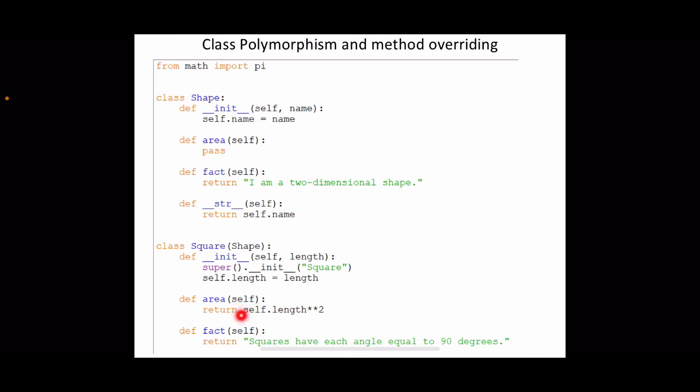And the third method, fact, is also there in the case of shape, whereas in the case of square it simply returns this statement: squares have each angle equal to 90 degrees. So each and every method which is defined in the case of shape is redefined in the case of this square child class, right? So that is an example of method overriding.